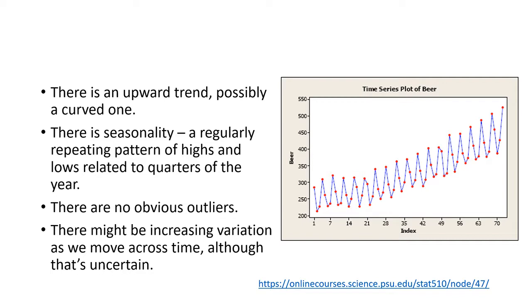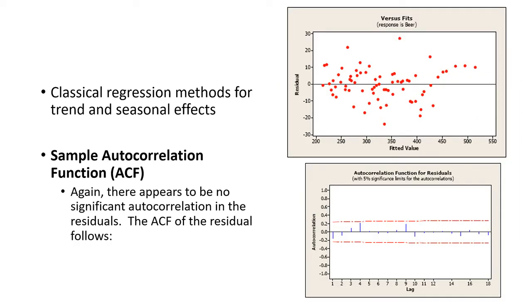So if you have an upward trend with regular seasonality, you can use classical regression method for trend and seasonal effect.